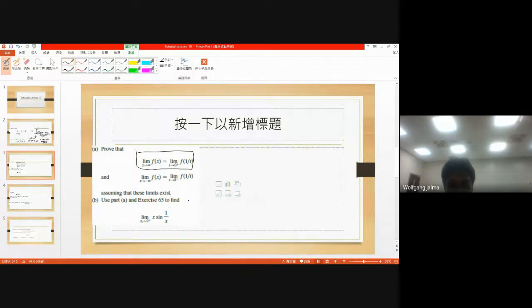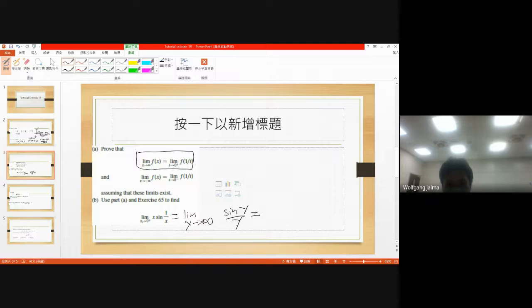We find a new variable, let's say limit y to infinity, following this formula of sine y. So from sine 1 over x it becomes sine y over y, so x becomes 1 over y.